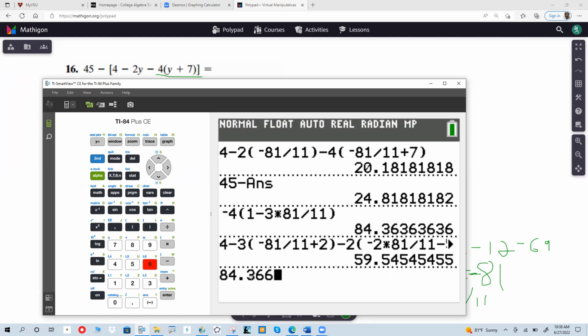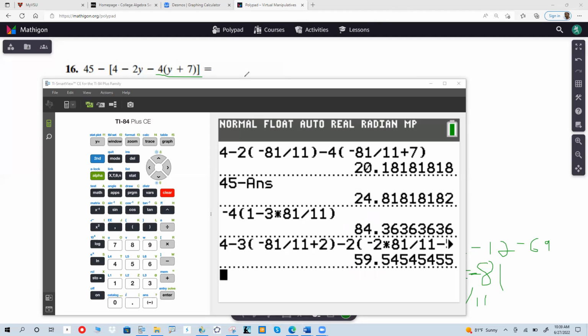84.366 minus 59.544. Okay, so I'm subtracting, guys. Let me double check for you. I'm subtracting this from this and hoping I'll get this. All right.